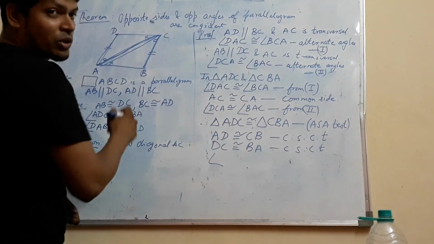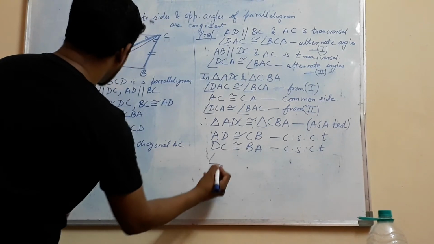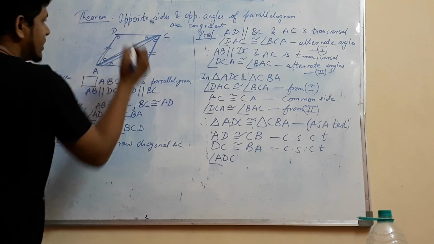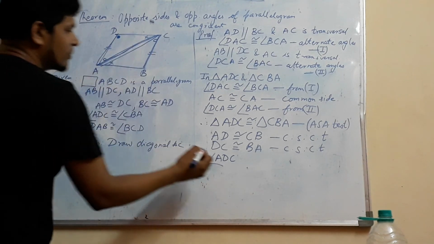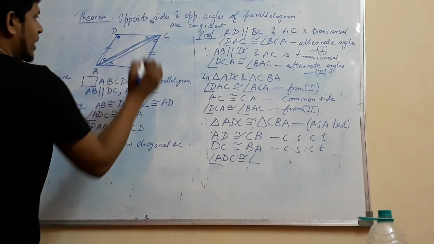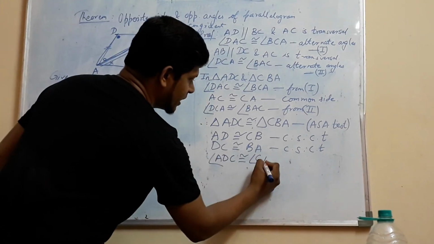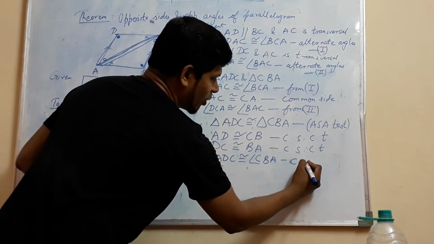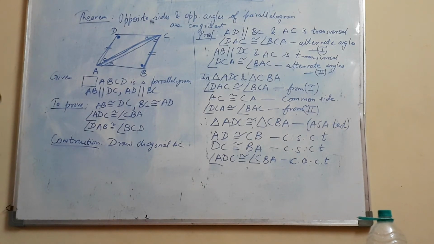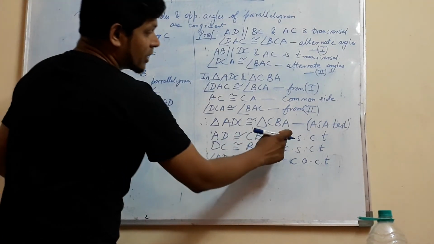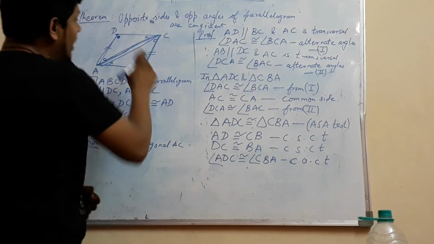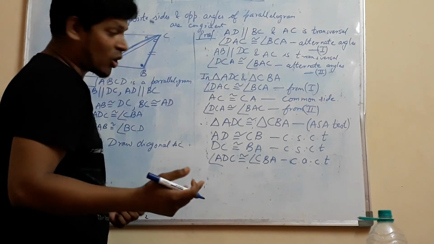Angle ADC is congruent to angle CBA because corresponding angles of congruent triangles. So regarding sides, the opposite sides are congruent and opposite angles are also congruent.